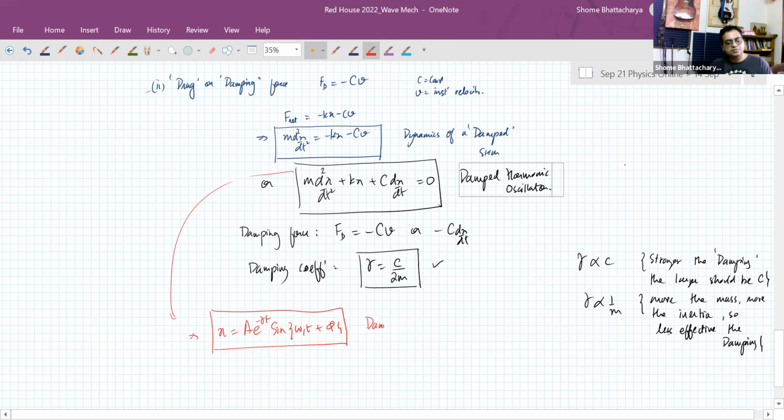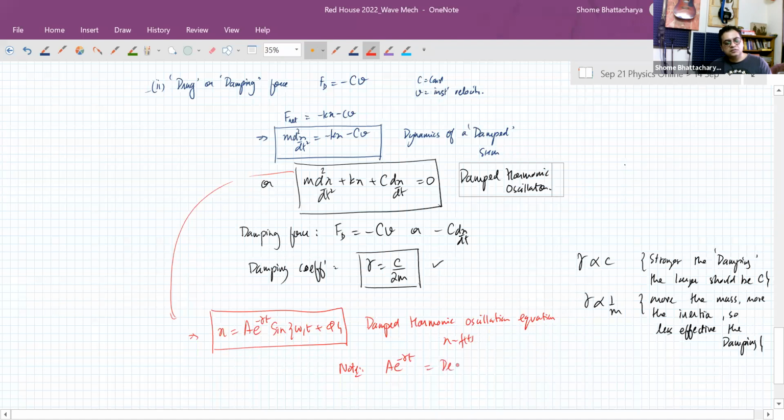So this is the damped harmonic oscillation equation, x as a function of time. You can think of it like A into e raised to the power minus gamma t.